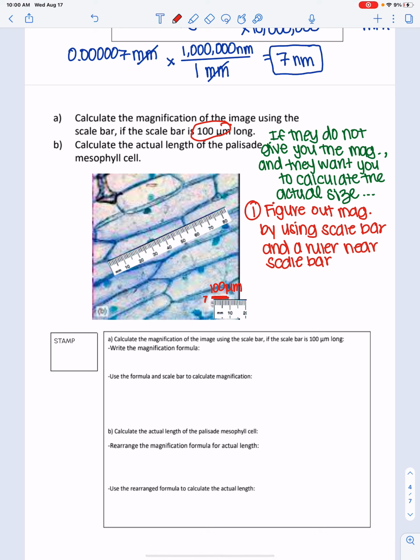Again, this is the scale bar, and this is the ruler that we're using to measure the scale bar. That's going to help us find our magnification.